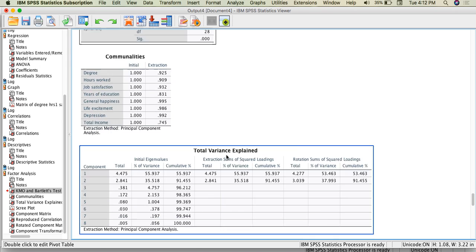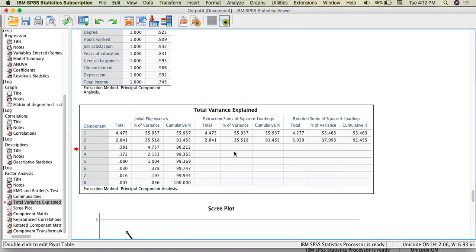So we're going to now look at our actual data. This is our main data here under total variance explained. And what you can see is that first column that says total, that's your actual eigenvalue total. So remember, eigenvalue is kind of a percentage of variability that's happening, and it gives it kind of a standard number. And the number 1 is our Kaiser's Rule.